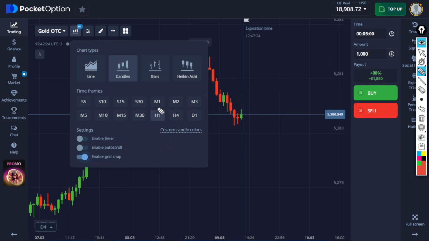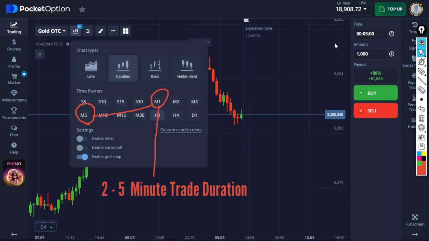And if you're on the 1-minute time frame looking for entries, which means that you marked up your zones on the 5-minute time frame, you want to be looking for a 2 to 5 minute trade duration.